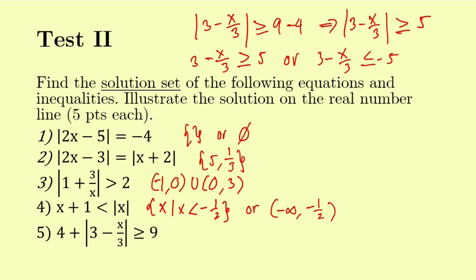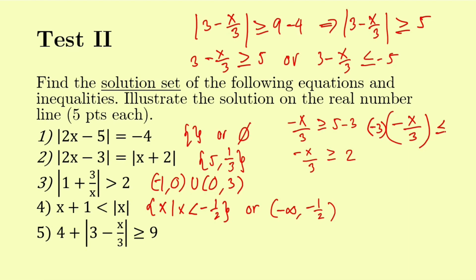So, 3 minus x over 3. Ang ginawa ko dito is nag-subtract ng 3 sa both sides: 5 minus 3. So, negative x all over 3 is greater than or equal to 2. And then, negative x all over 3, multiply both sides by negative 3.